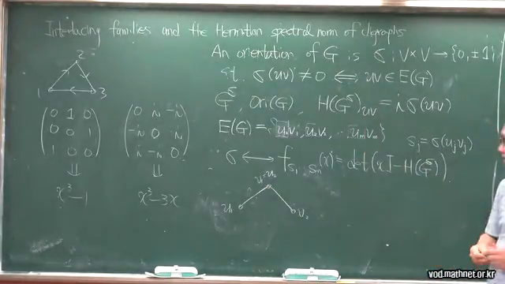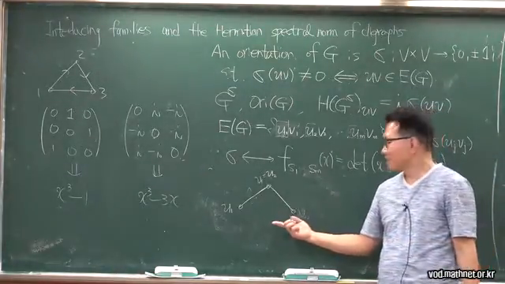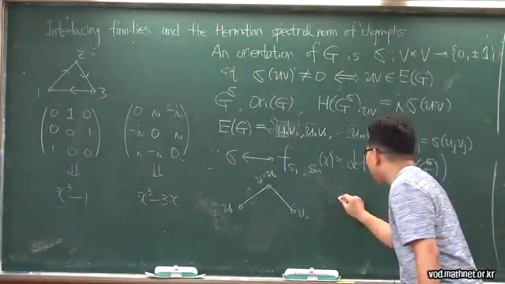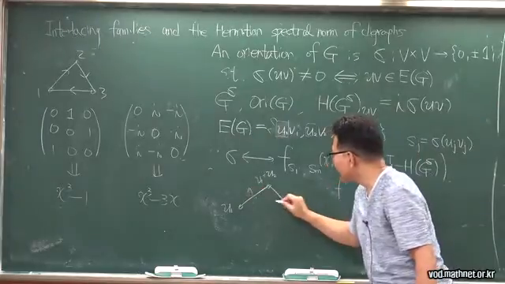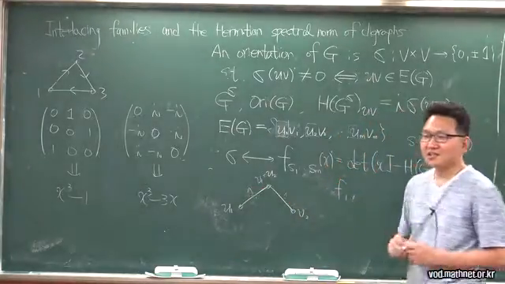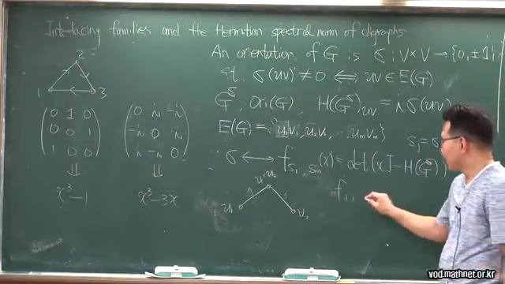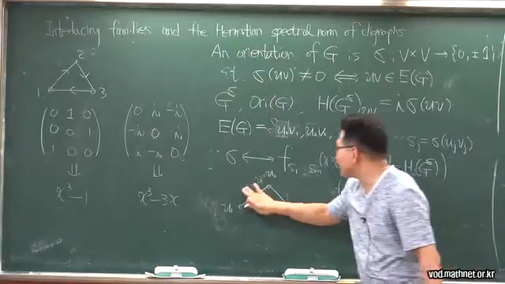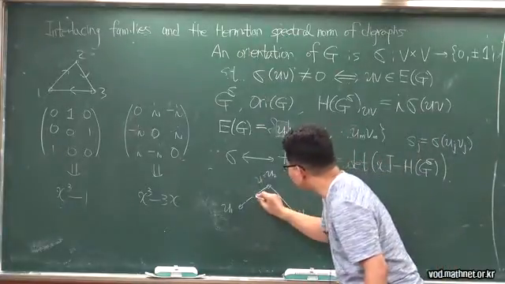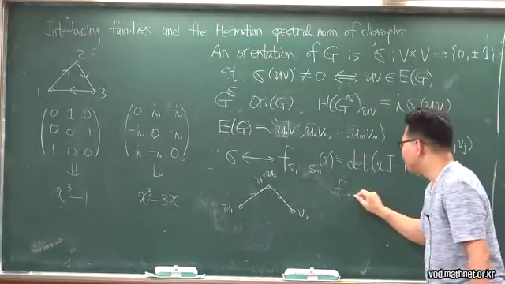So how many polynomials can we have here? If this is 1 and this is also 1, then we can have an f11. Maybe this one is easier to understand. We can give a direction like this, then we can have this polynomial.